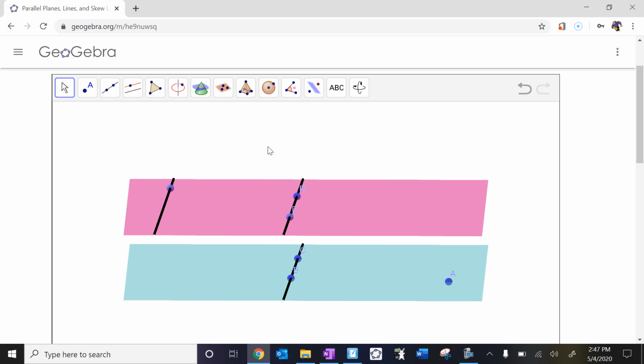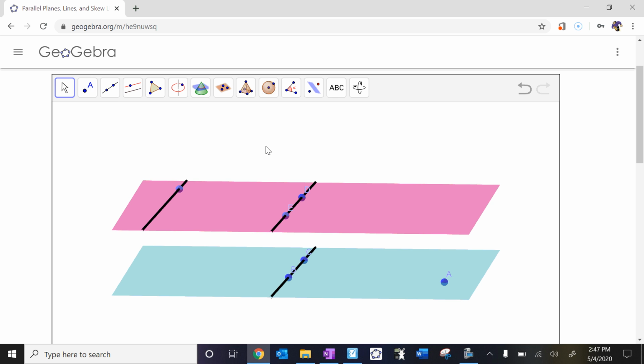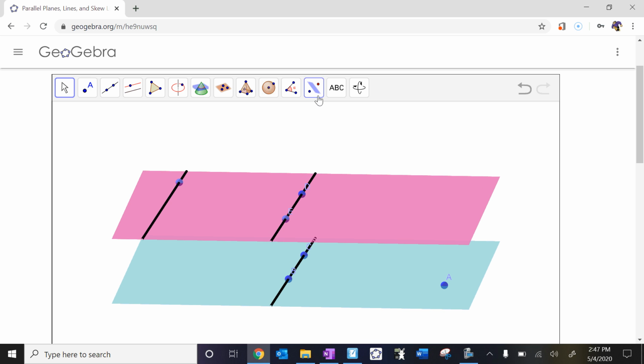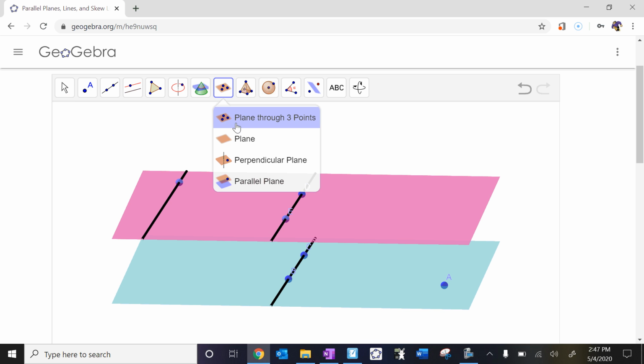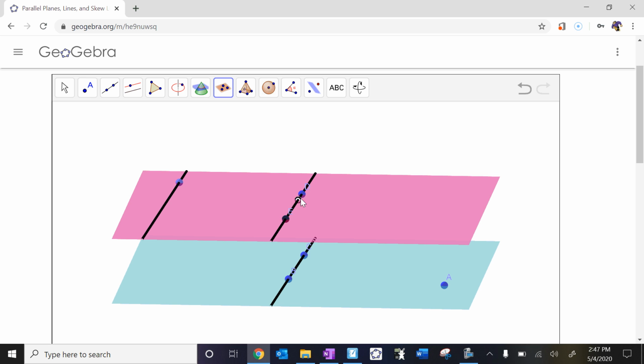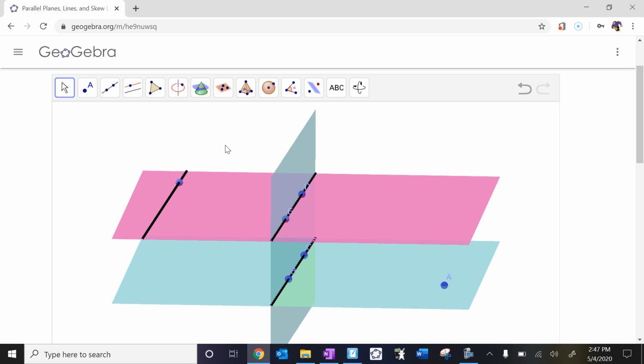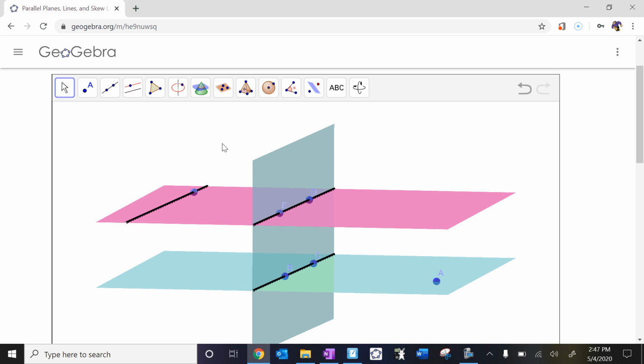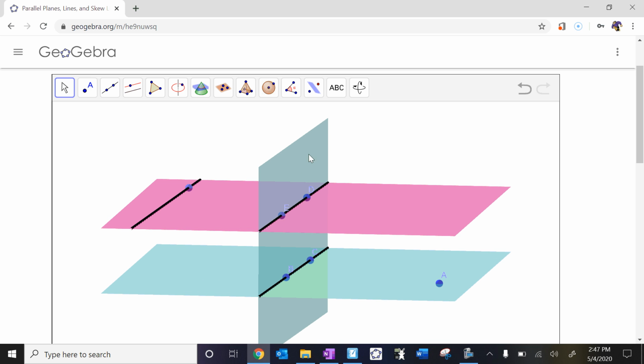Maybe a little bit harder to understand, but they are also going to be coplanar, because I can make a plane that really goes through those two lines. Notice that now both of those lines are contained on this other blue plane that's going vertical. So that means that those two lines are still parallel.